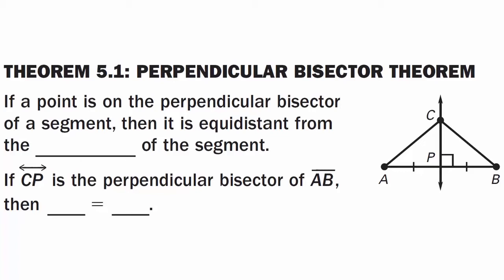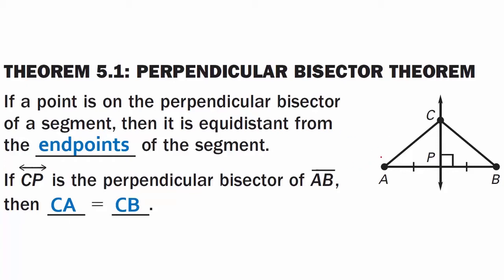Here's our first theorem for this lesson, Theorem 5.1, Perpendicular Bisector Theorem. If a point is on the perpendicular bisector of a segment, then it is equidistant from the endpoints of this segment. If line CP is the perpendicular bisector of line segment AB, then CA is equal to CB.